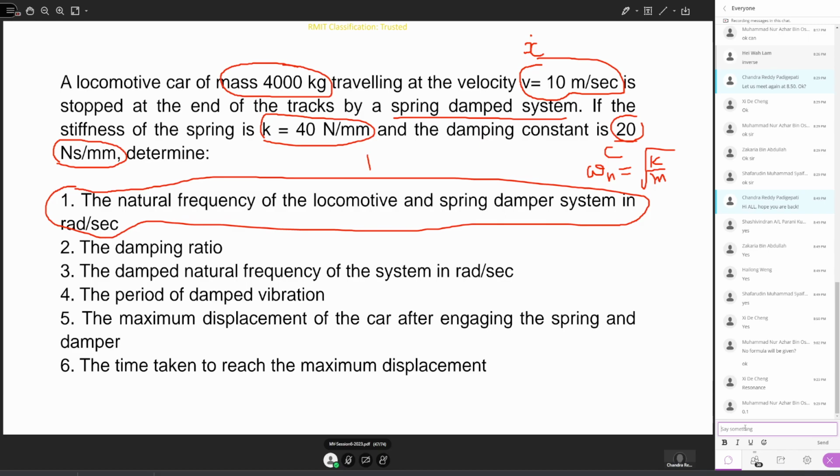K will be 40,000 Newton per meter. You need to multiply with 1,000 to convert this into Newton per meter. You need to make sure that the units are the same.